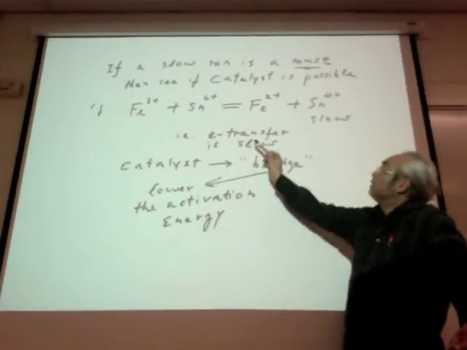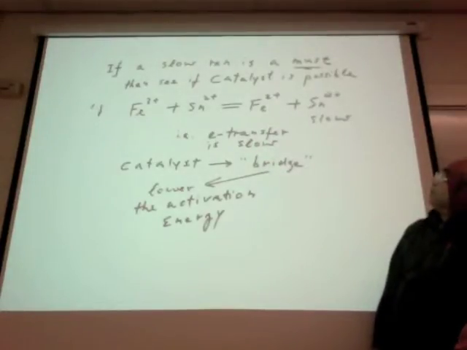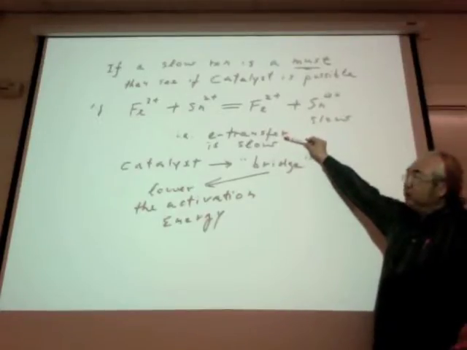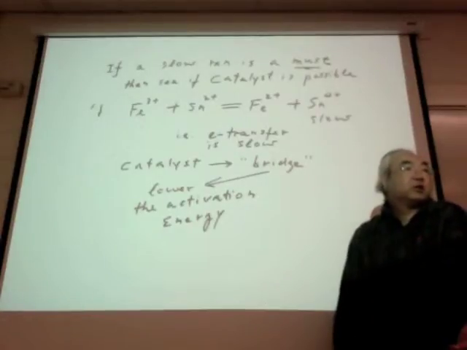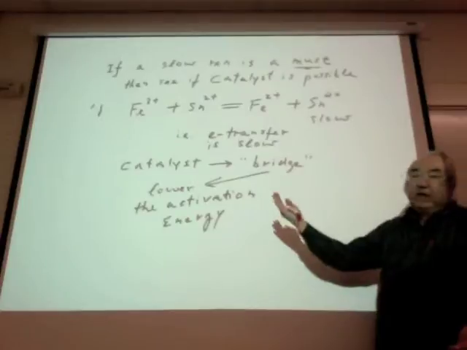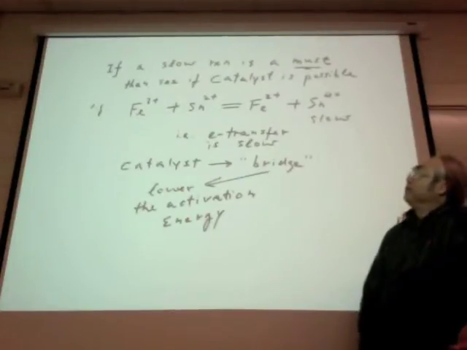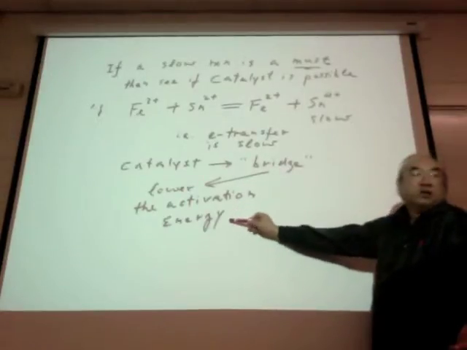That is the key understanding here. Once you add the catalyst, it facilitates electron transfer, so the catalyst must function as a bridge to carry the electron moving from one species to another. That will lower the activation energy.